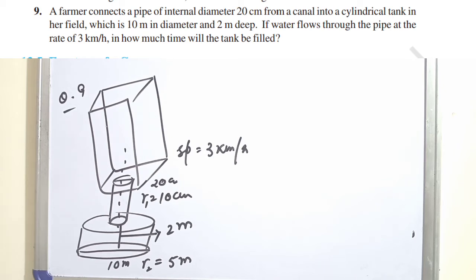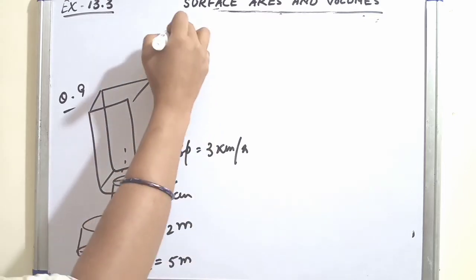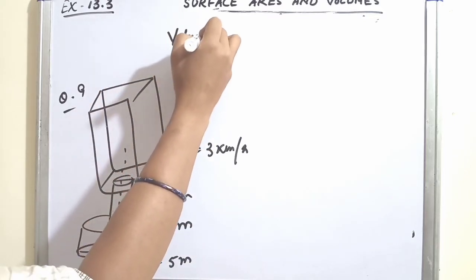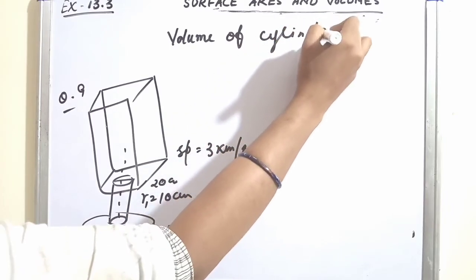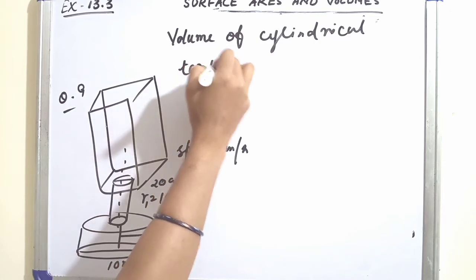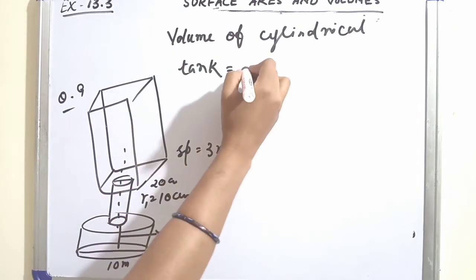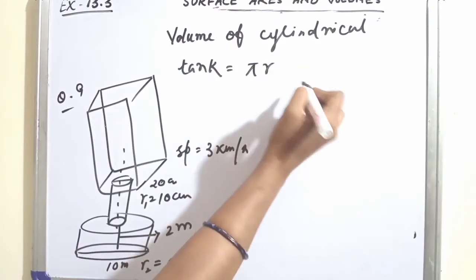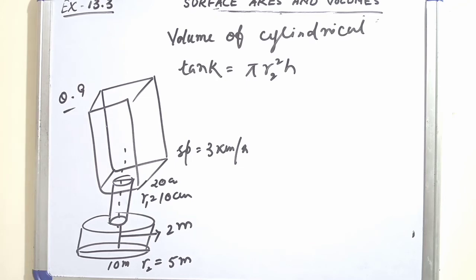So at first find the volume of this cylindrical tank. Volume of cylindrical tank is equal to pi r2 square h2.